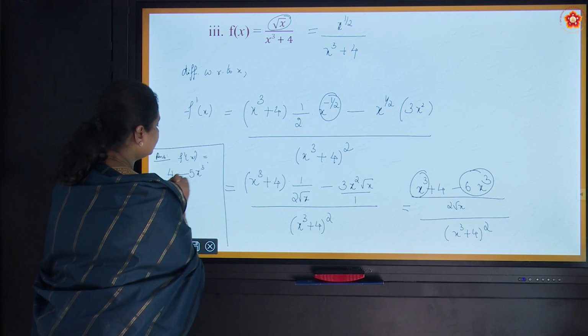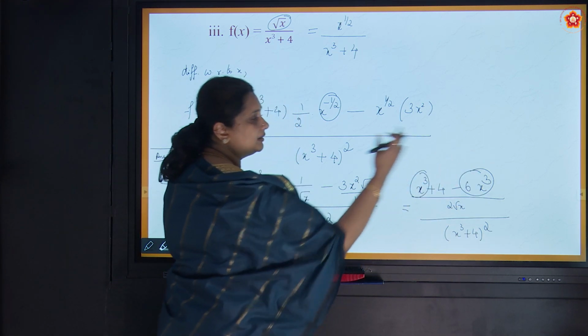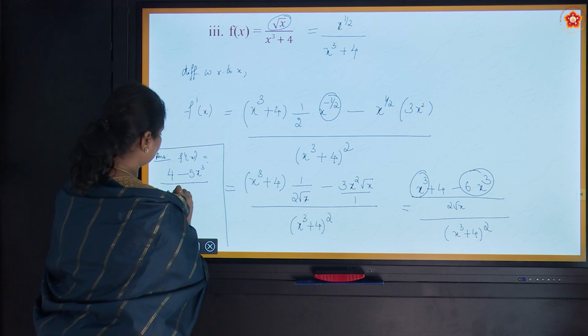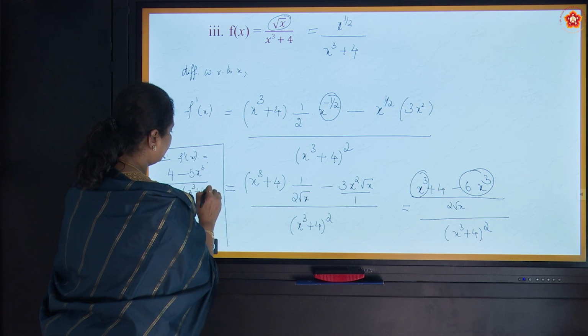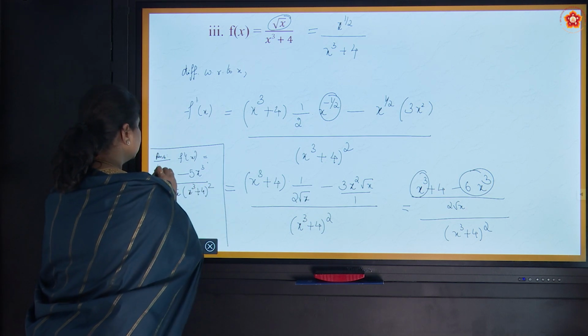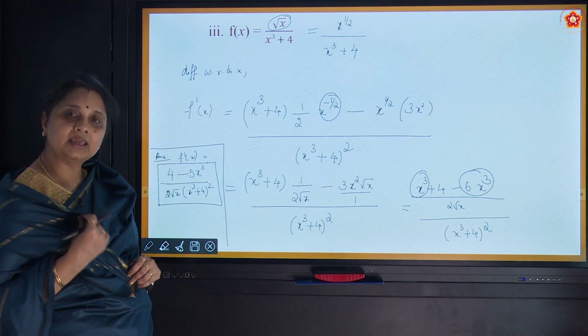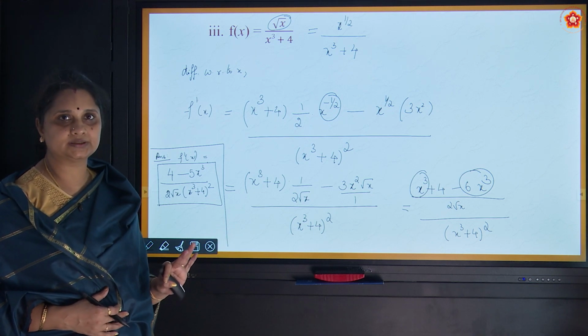Minus 5x cube divided by, since it's a complex fraction, you multiply by the reciprocal of the denominator and you end up with 2 root x into x cube plus 4 the whole square on the denominator. So this is the solution. So differentiation and expressing it in the right way is very, very important.